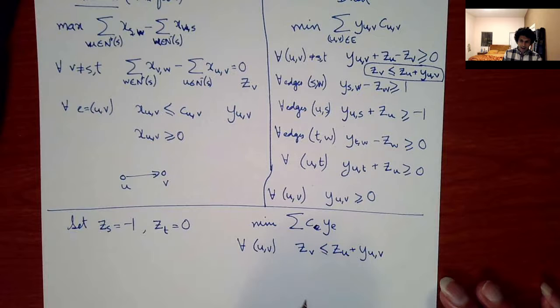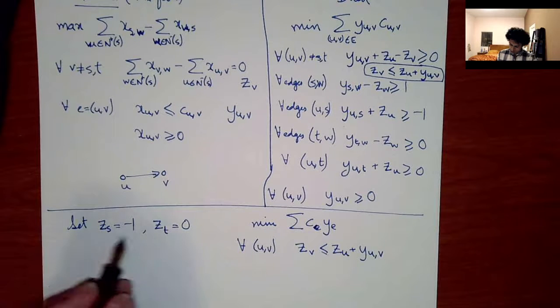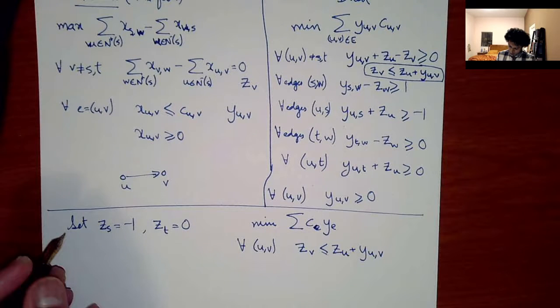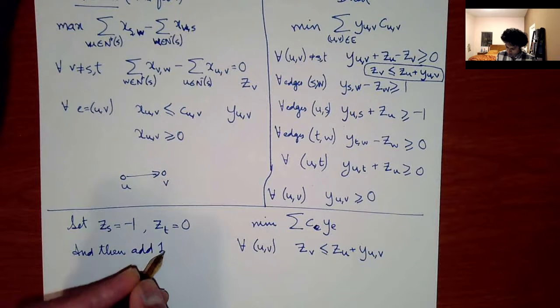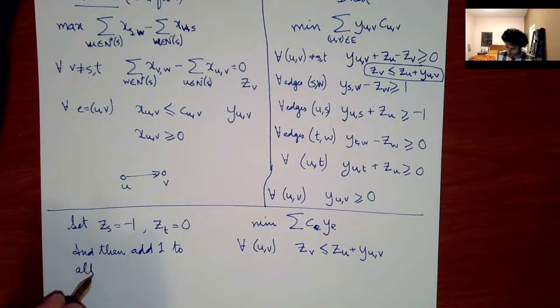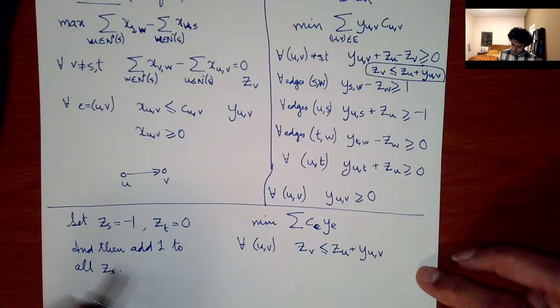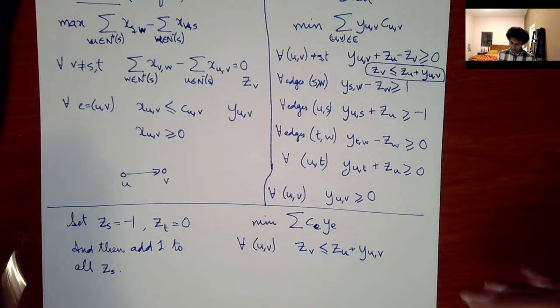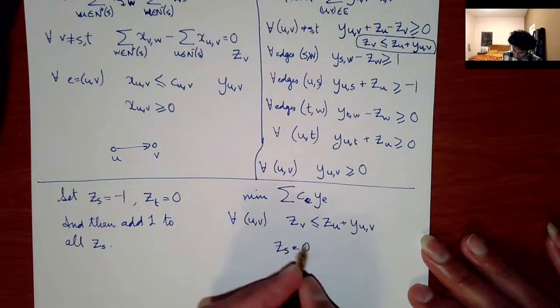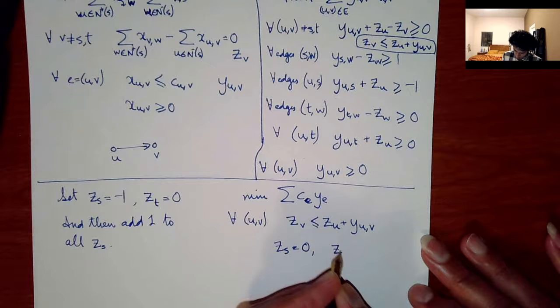And also believe me that you can set this and then just add 1 to all the Z's. It's just going to be convenient because if I add 1, then Zs will become 0 and Zt will become 1. So I get Zs is equal to 0 and Zt is equal to 1.